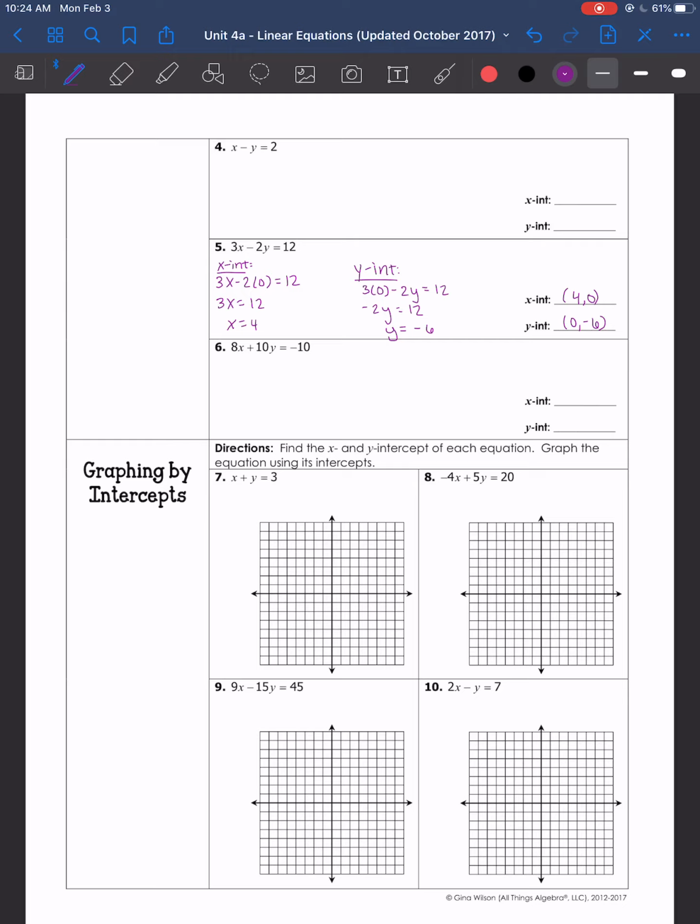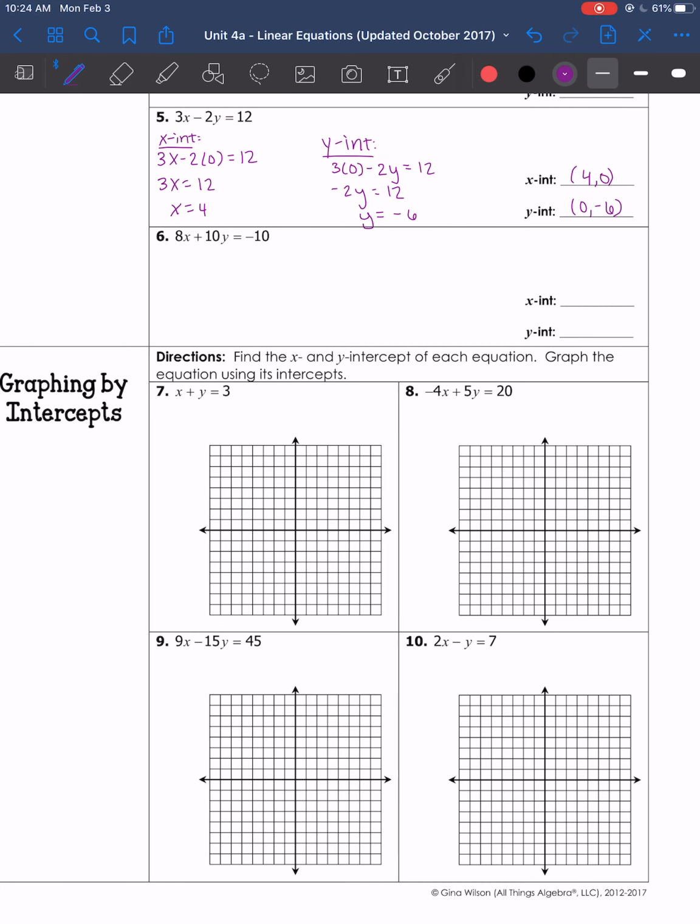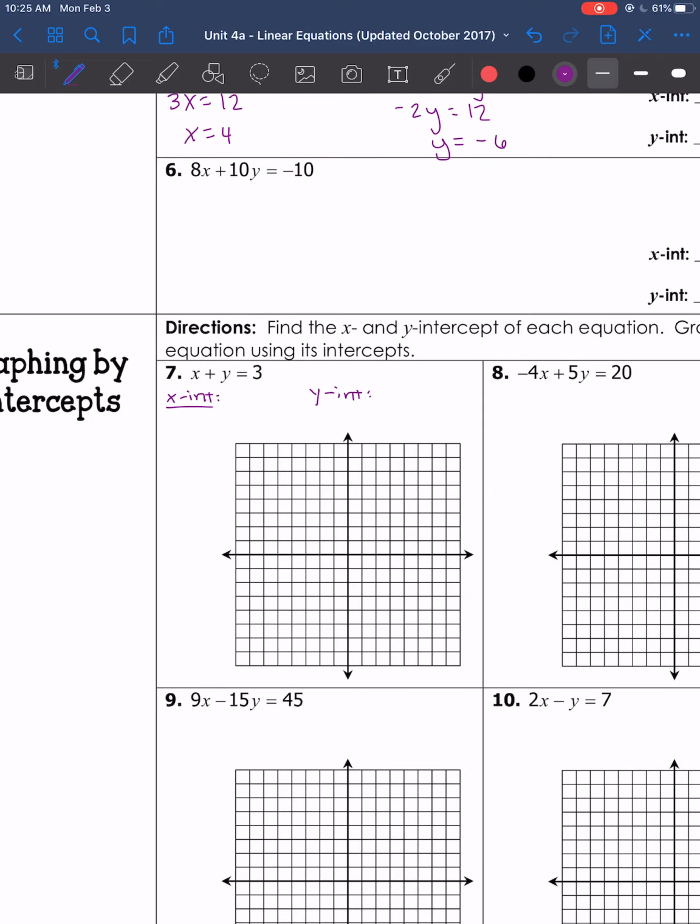What if we want to graph using the intercepts? We'd have to find the intercepts first. So let's stick with the odd numbers. We'll find the x-intercept and y-intercept first, just like we did above, and then we'll graph them.